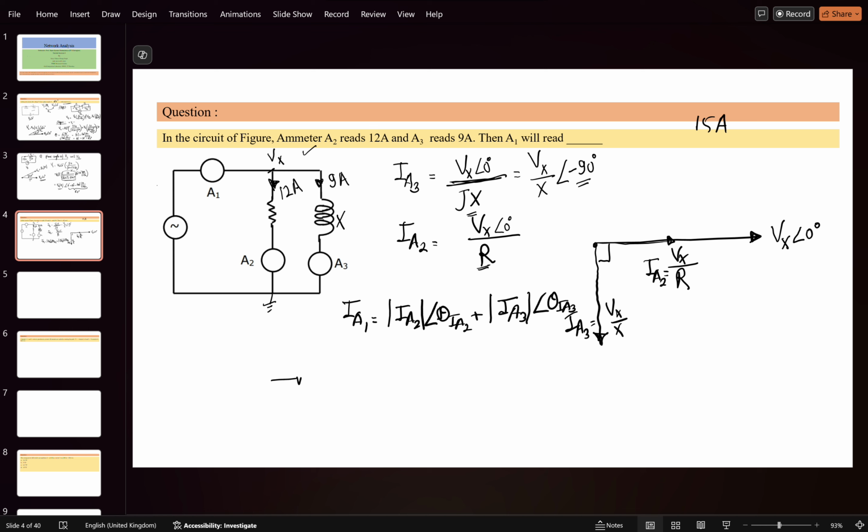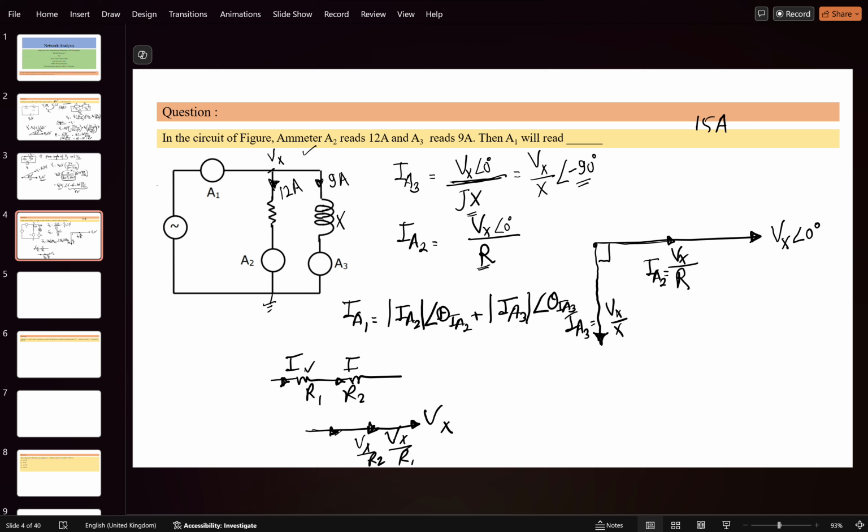Because if two resistors are there, R1 and R2, and you draw the phasor, suppose this is the Vx across them, the current flowing here will be Vx by R1 and Vx by R2, on the same phasor, so you can directly add both. If the phase is the same, they lie on the same line. Here the inductor is there, so it is lagging by 90 degree.